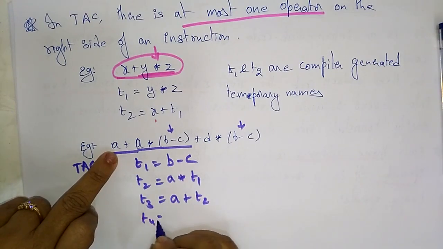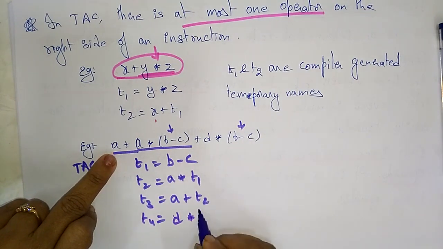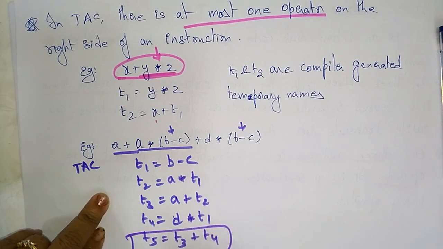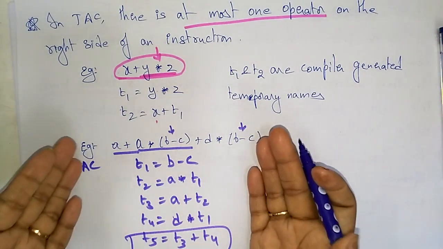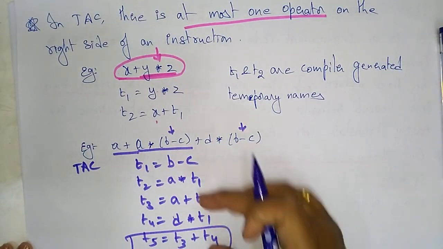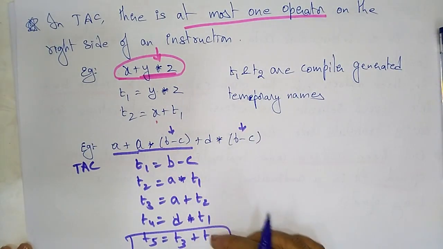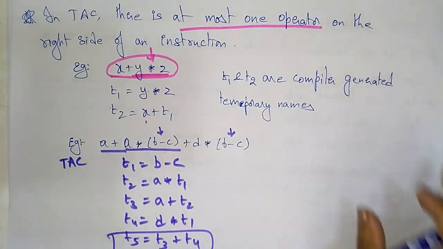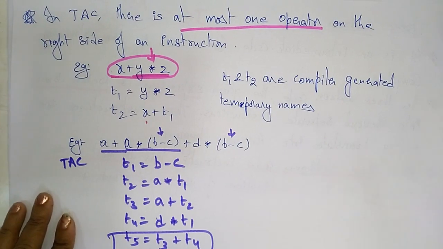Now T4 is equal to D into T1, and T5 is equal to T3 plus T4. So we just break the expression into several separate instructions so that the compiler can easily convert it into assembly level language. This is the main use of the 3-address code generator.